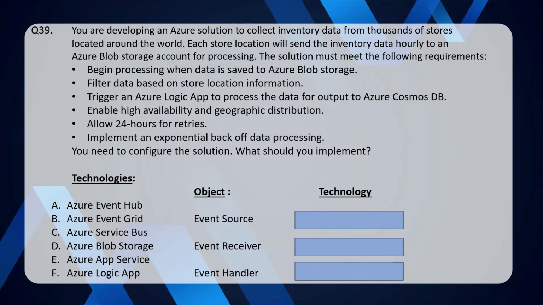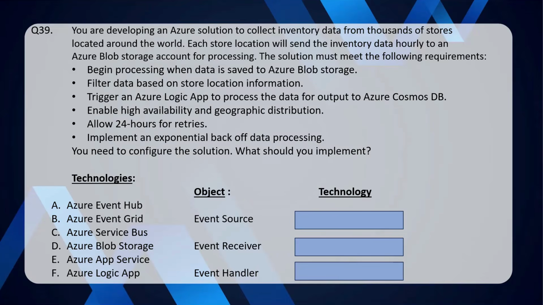You are developing an Azure solution to collect inventory data from thousands of stores located around the world. Each store location will send the inventory data hourly to an Azure Blob storage account for processing. The solution must meet the following requirements. Begin processing when data is saved to Azure Blob storage. Filter data based on store location information. Trigger an Azure Logic app to process the data for output to Azure Cosmos DB.